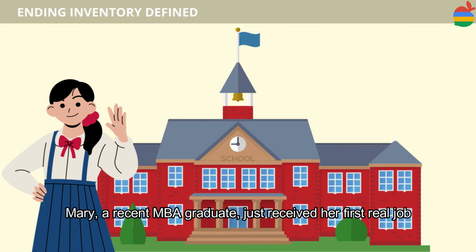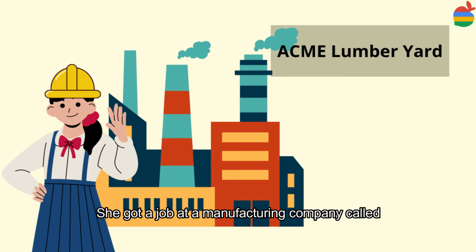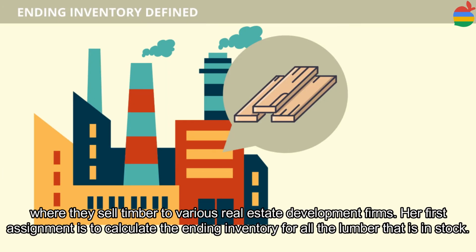Mary just graduated from her MBA and received her first real job. She got a job at a manufacturing company called ACME, where they sell timber to various real estate development firms. Her first assignment is to calculate the ending inventory for all the lumber that is in stock.